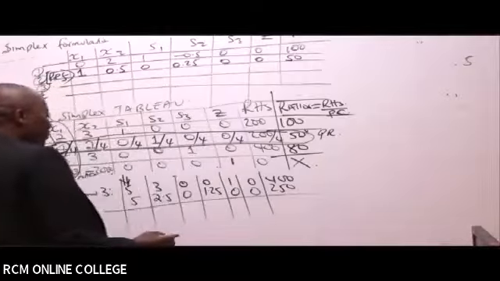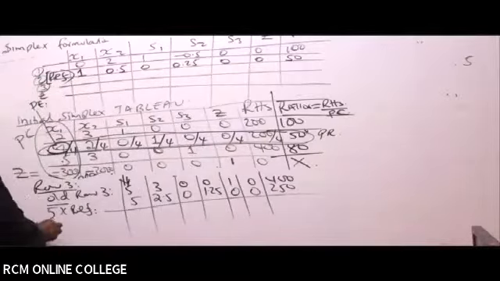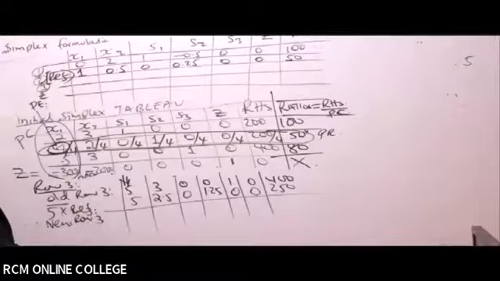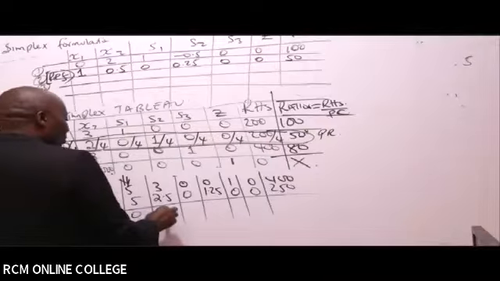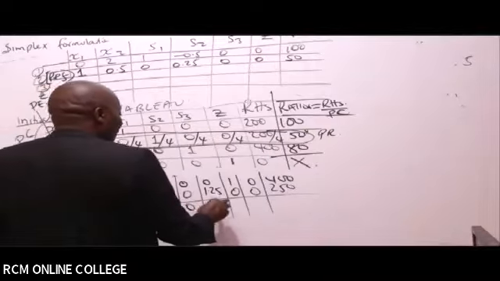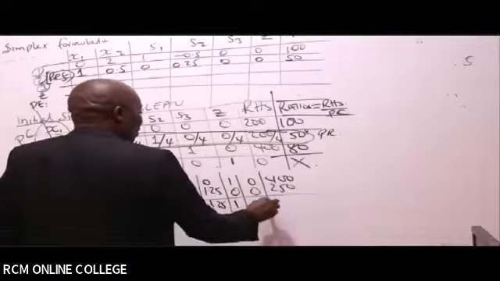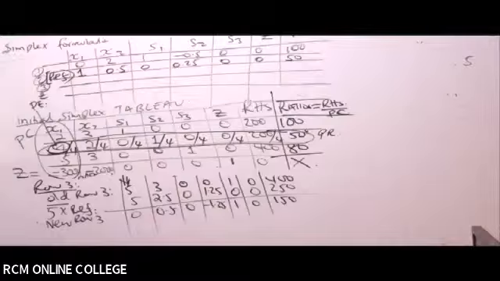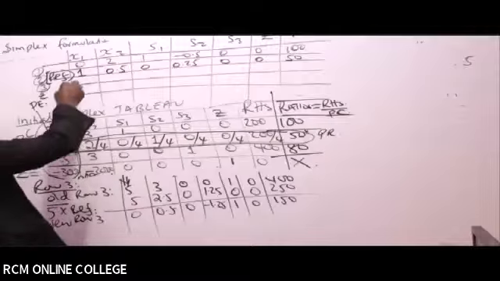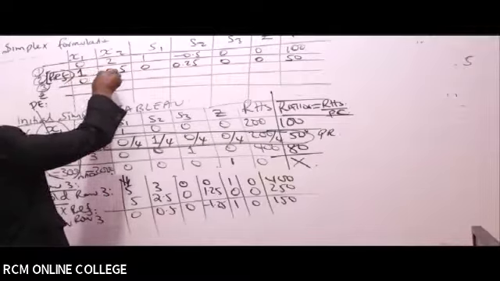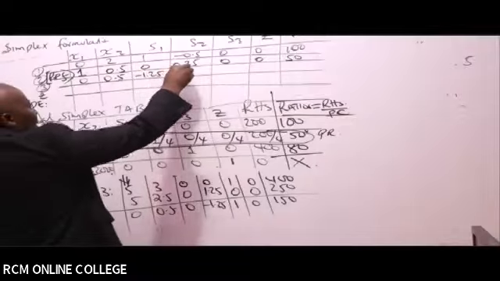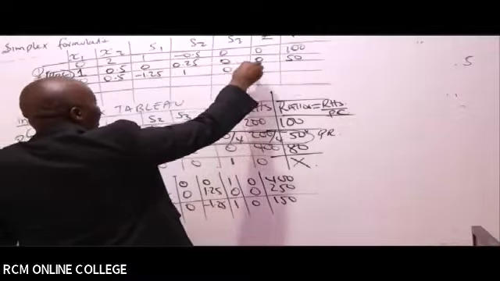Do the row reductions now. These will give me new row 3. In new row 3, I have a 0, a 0.5 when I subtract a 0, a negative 1.25, a 1, a 0, and 150.